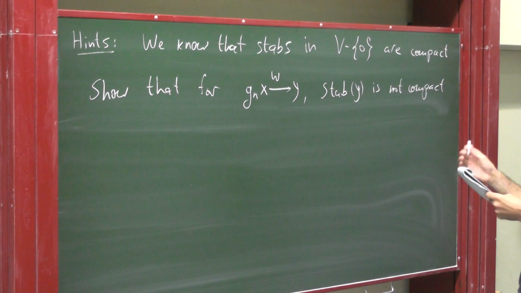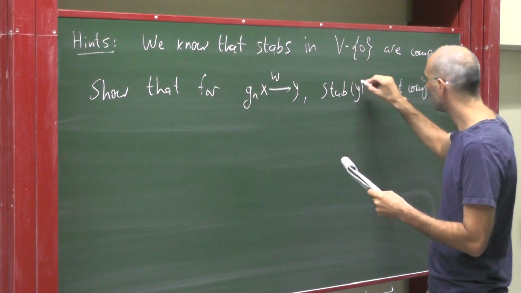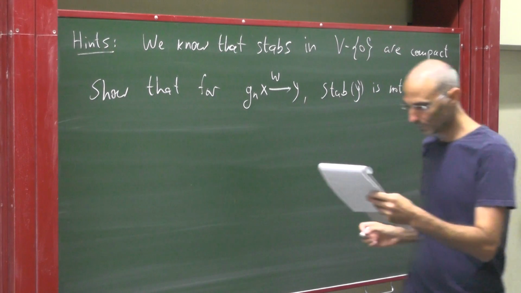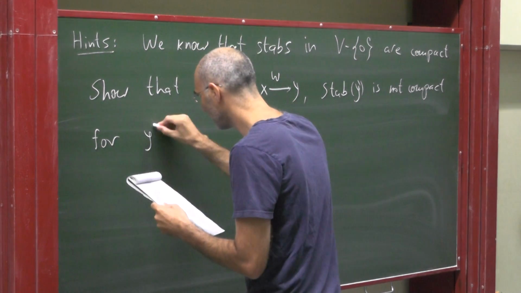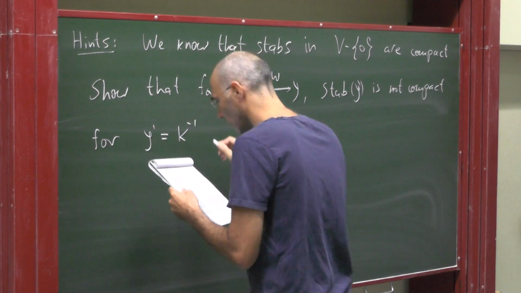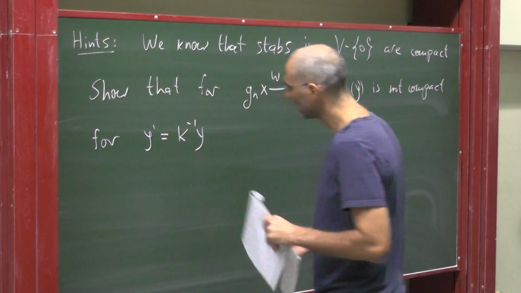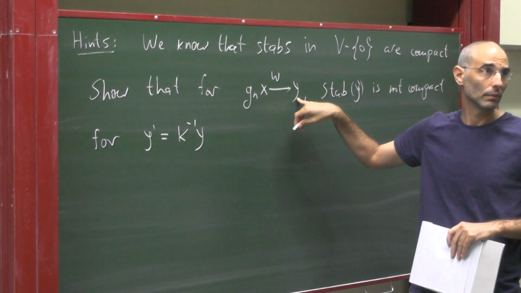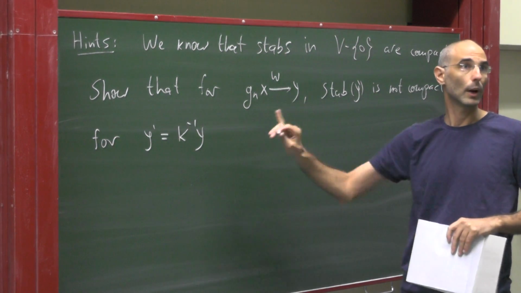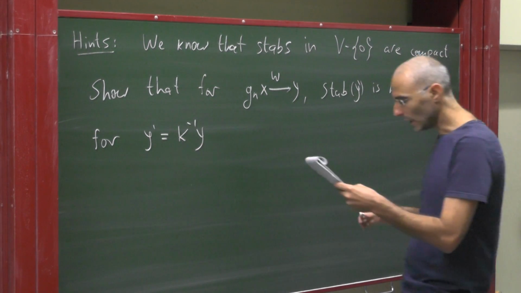Actually, slight correction, but I will do it for some Y prime. And this Y prime will be K inverse Y. Well, it will be something in the orbit of Y. But of course, Y prime is 0 if and only if Y is 0.